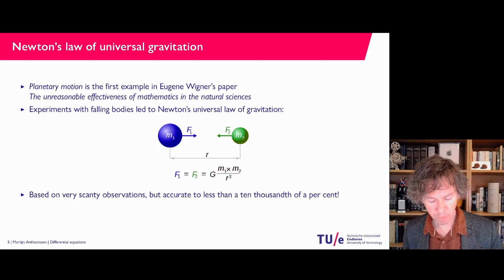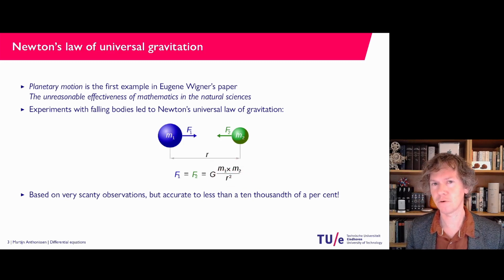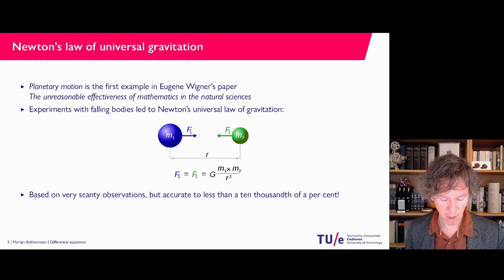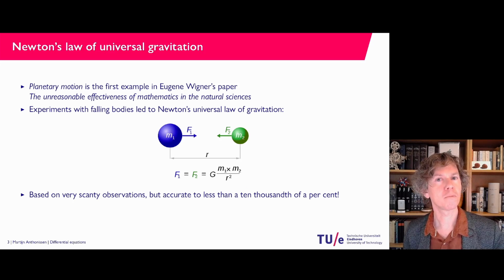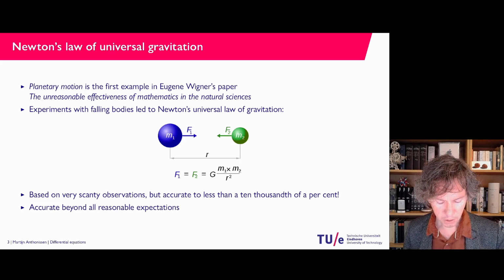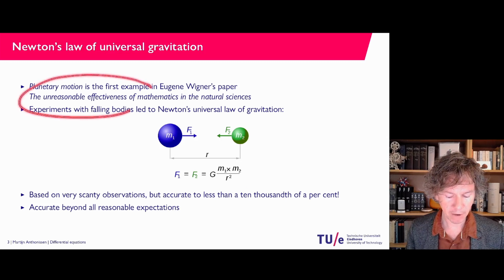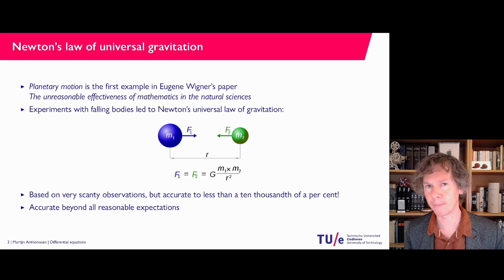Now, if you have this model, based on very few observations, it is extremely accurate. So as it says here, a 10,000th of a percent, so extremely accurate. And what is also interesting is that it works for things on Earth, but it can also explain how planets move in a solar system. So this is accurate beyond all reasonable expectations. So that's why it's called the unreasonable effectiveness. And this is just one example there.